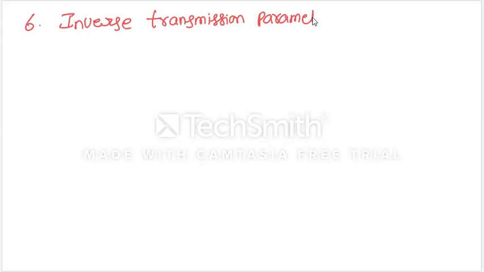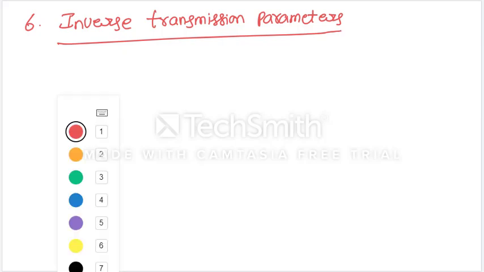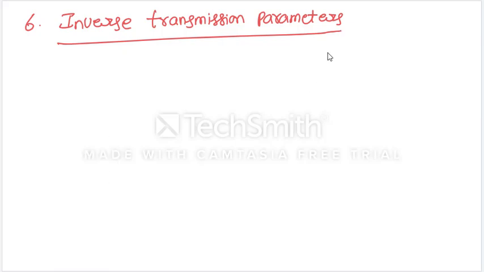The sixth one is inverse transmission parameters, which we also call small t parameters.